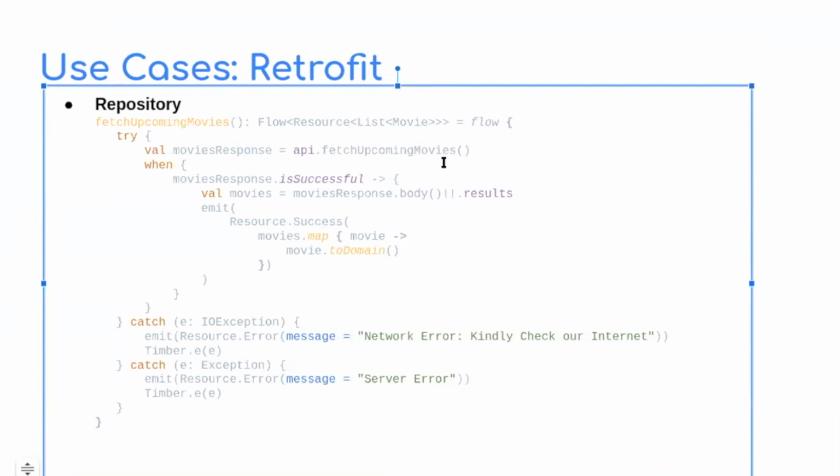So that's how we can use it in our repository. We check if our data is a success or not, and emit the values to the flow. We can see here we have an emit that sends the data to our flow, and everyone who is collecting or consuming this data will receive it.